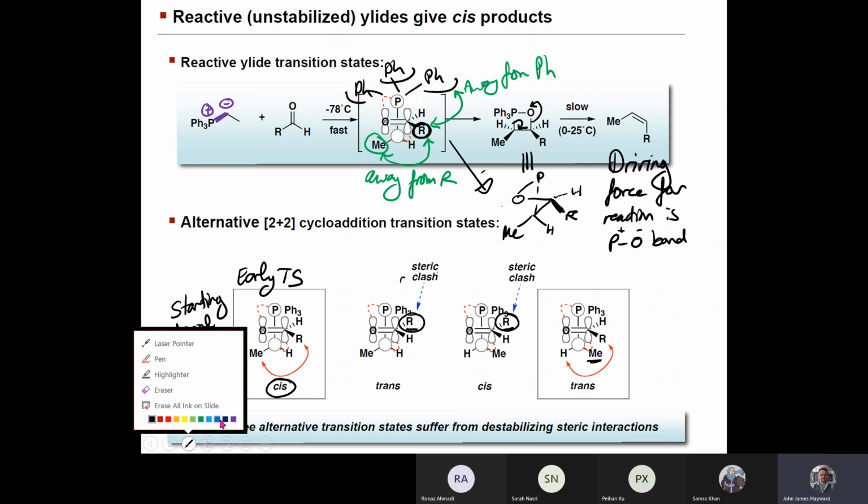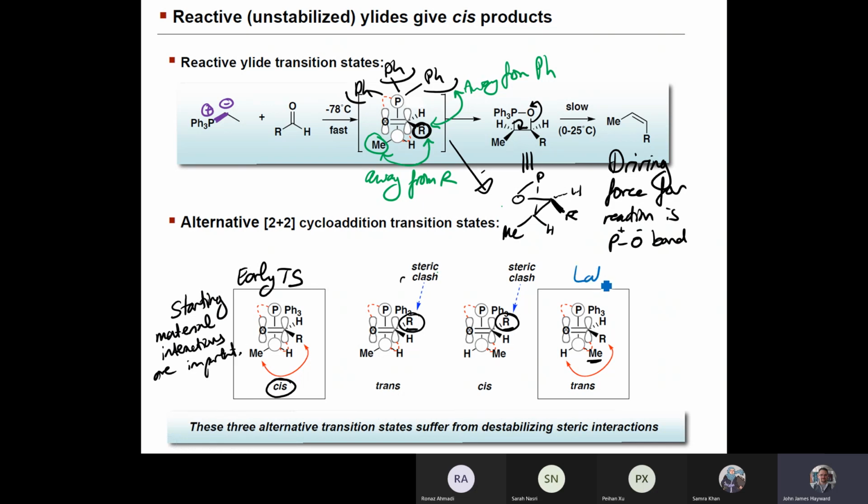In a late transition state, steric clash in product, more important. Okay, because it looks a lot closer to this in the transition state than it does to this.